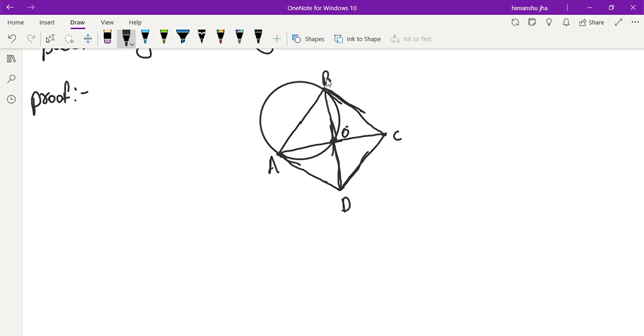Now if we see, it is a rhombus and the diagonals of a rhombus bisect each other at 90 degrees. So this angle is 90 degrees, this is 90 degrees, this is also 90 degrees and this is also 90 degrees. These angles AOB, AOD, DOC, BOC are all 90 degrees.